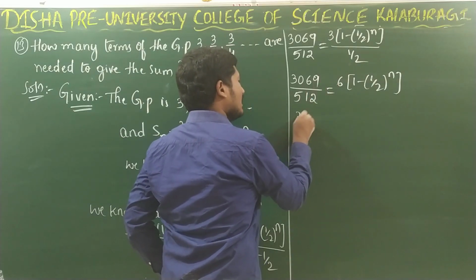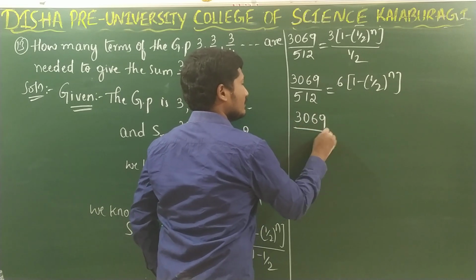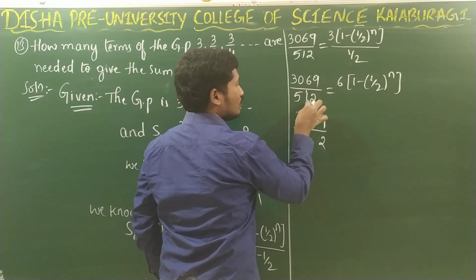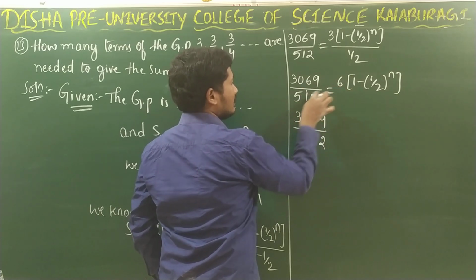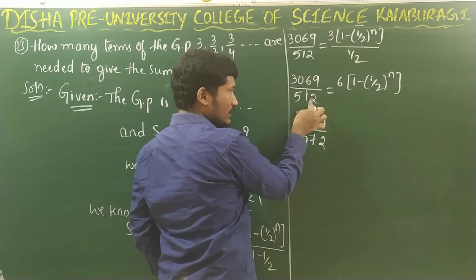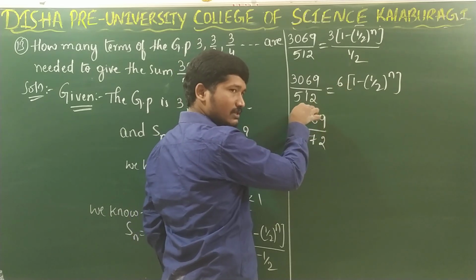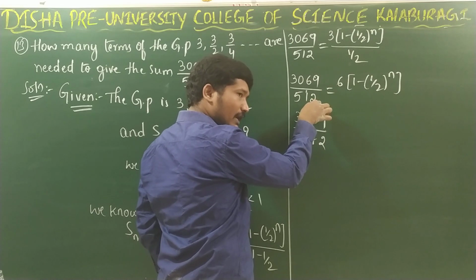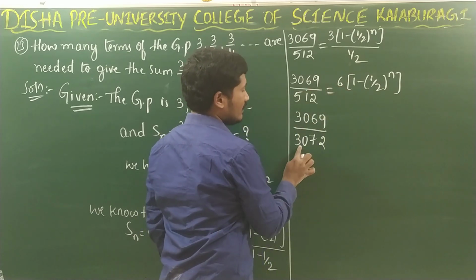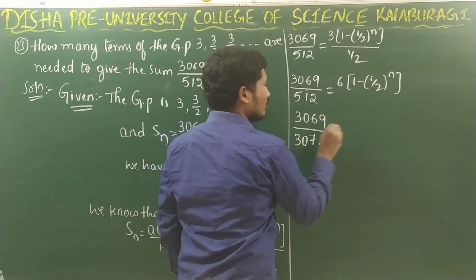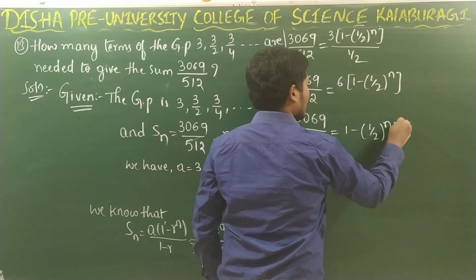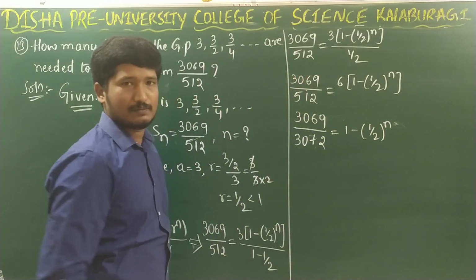Right? So let us multiply and see what we get. See here. 6 2s is 12. 1 carry. 6 1s is 6 plus 1, 7. 6 5s is 30. I am transferring this 6 to the LHS, so it will come to the denominator. I am multiplying 512 into 6. I will get 3072. So 3069 divided by 3072 is equal to 1 minus 1 by 2 whole power n. I am remaining with this in the RHS.